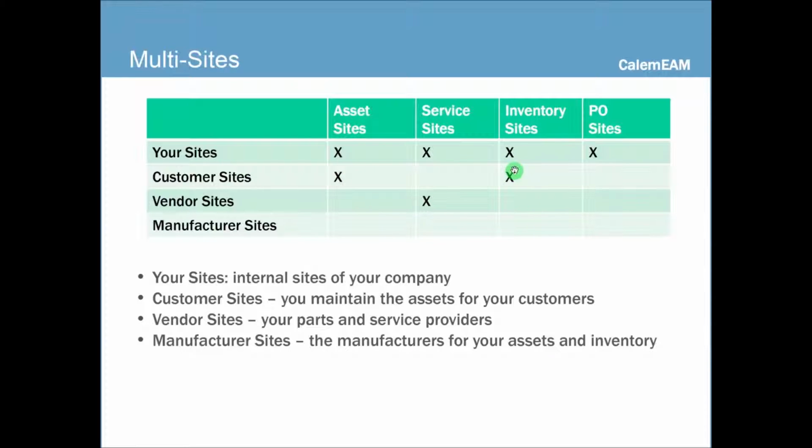They can also host their own inventory. Your vendor sites can be service sites. They can provide service and do work orders. Your manufacturer sites are not used in any of the functional sites, but they're used for your assets and inventory.